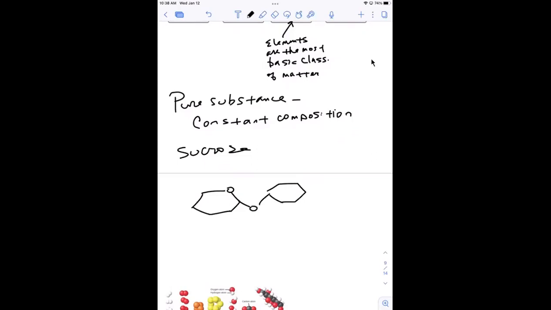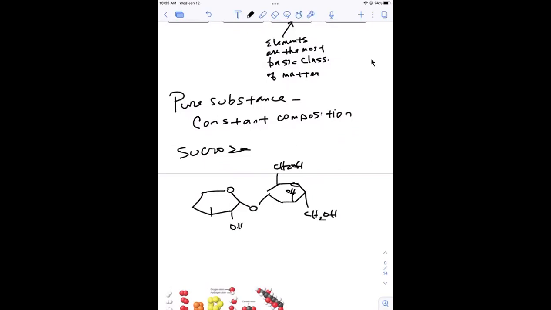That's oxygen. That's CH2OH. This is OH. This is what table sugar actually looks like. The white sugar that you put on your cornflakes. I probably don't even eat cornflakes. Now I'm really dating myself today.